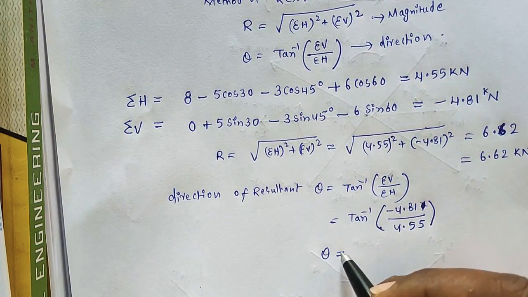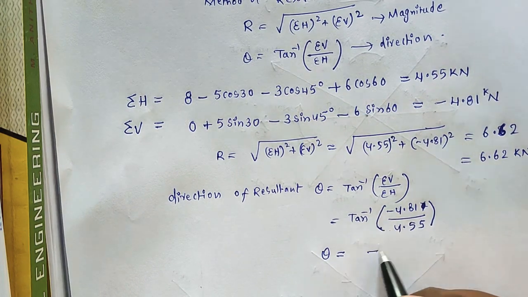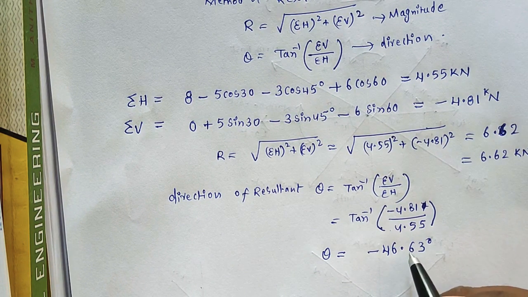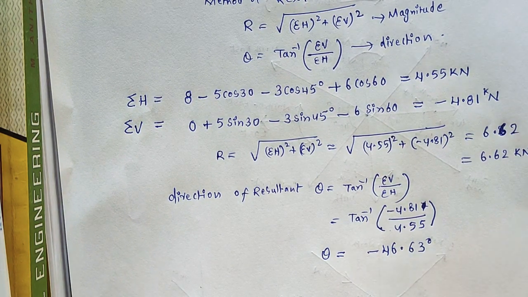You will get theta equal to minus 46.63 degrees.